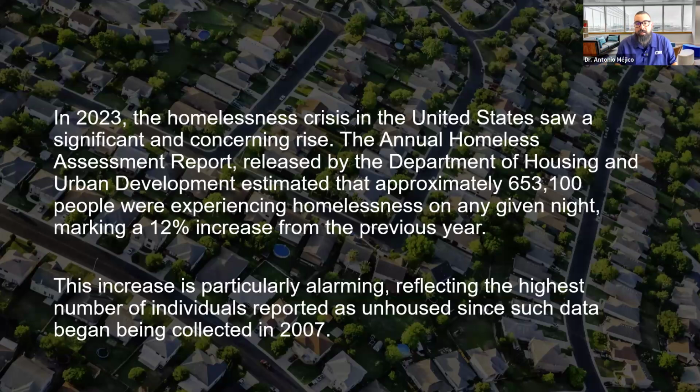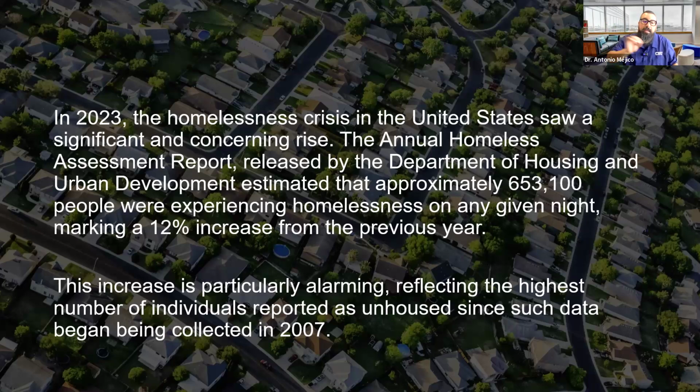So in 2023, the homeless crisis in the United States had seen a significant and concerning rise. The Annual Homelessness Assessment Report released by the Department of Housing and Urban Development estimated that approximately 653,000 individuals were experiencing homelessness on any given night in our country, a 12% increase from the previous year.